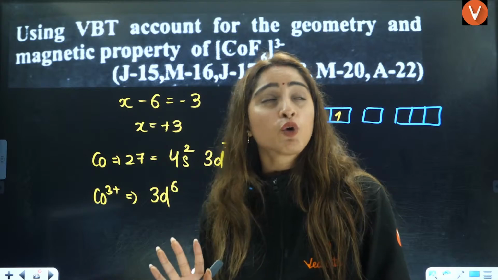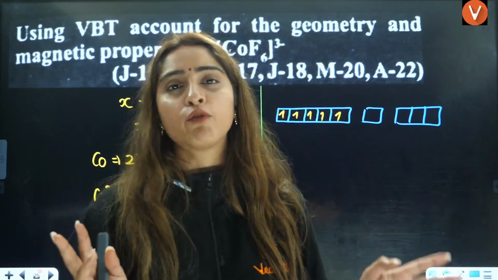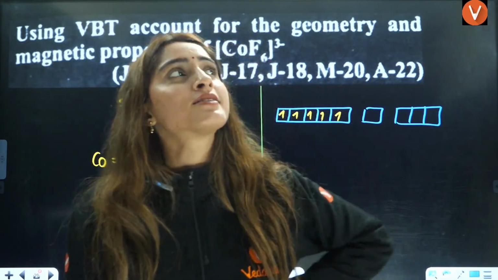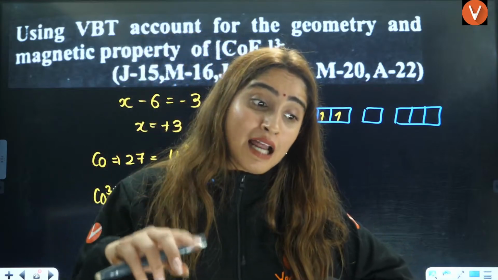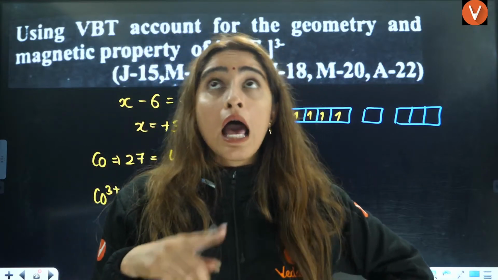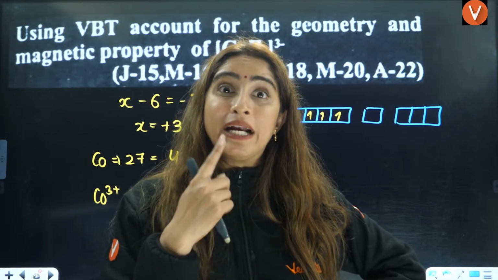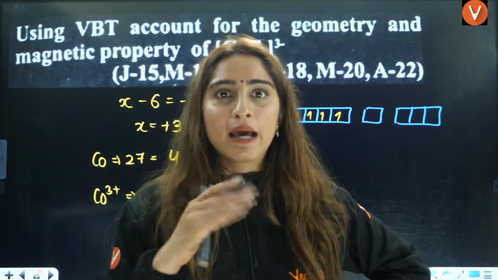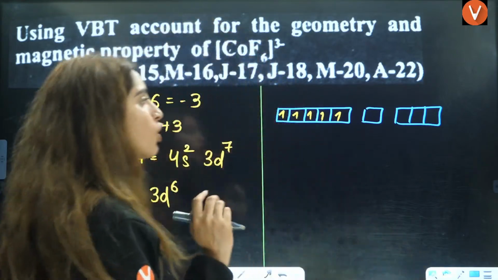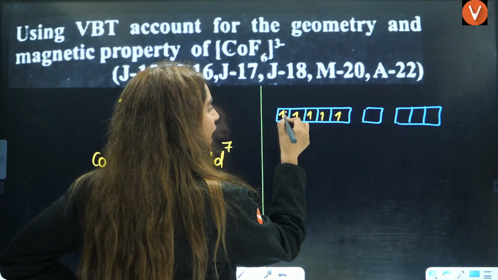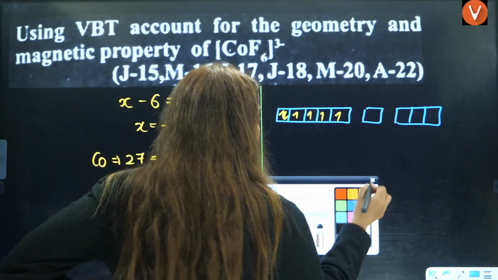If someone is saying you will get a pizza party on the second floor, you will definitely go there. If someone is saying you have to go through the stairs to the 23rd floor, you will say, I'll buy pizza myself only, right? So here it is 1, 2, 3, 4, 5 and 6. That means you are left with this thing.